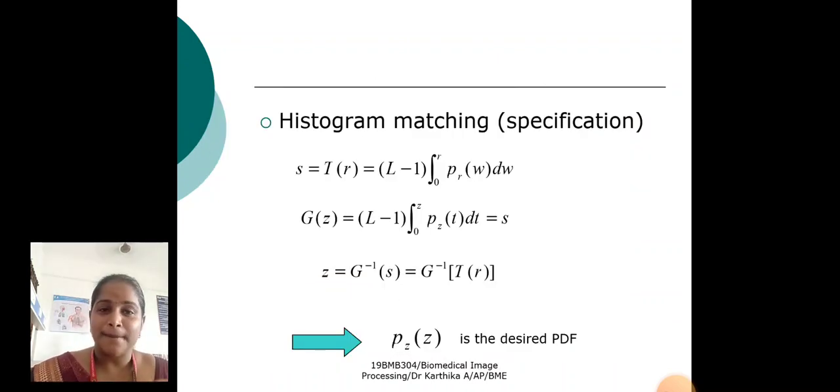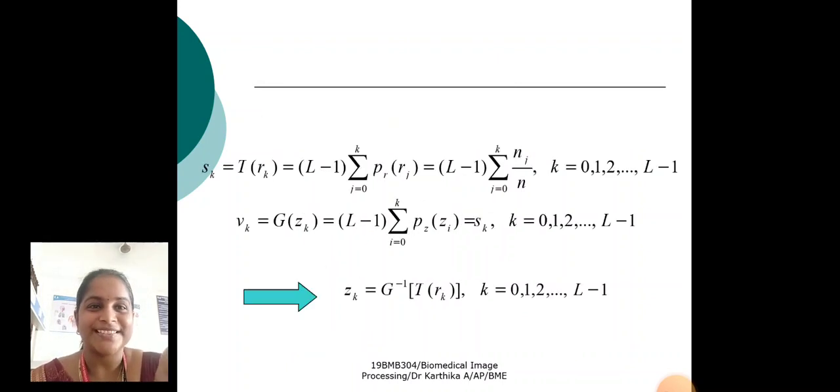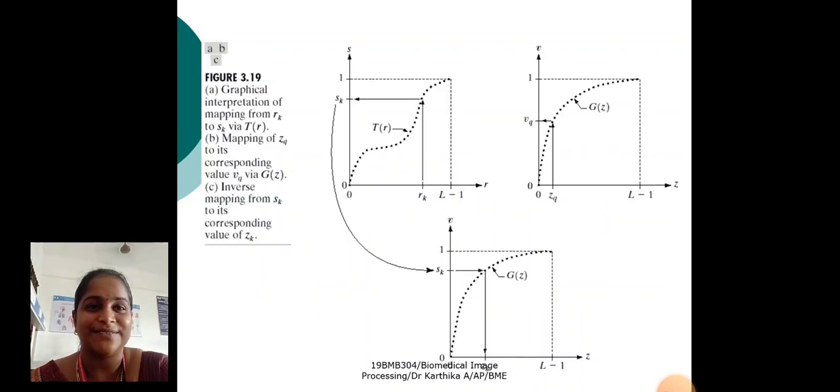In histogram matching, or histogram specification, we have p_z of z as the desired PDF, which comes from s equal to T of r, equal to L minus 1 multiplied by the integral from 0 to r of p_r of w dw. This results in z_k equal to G to the power minus 1 of T of r_k, where k values are from 0 to L minus 1.